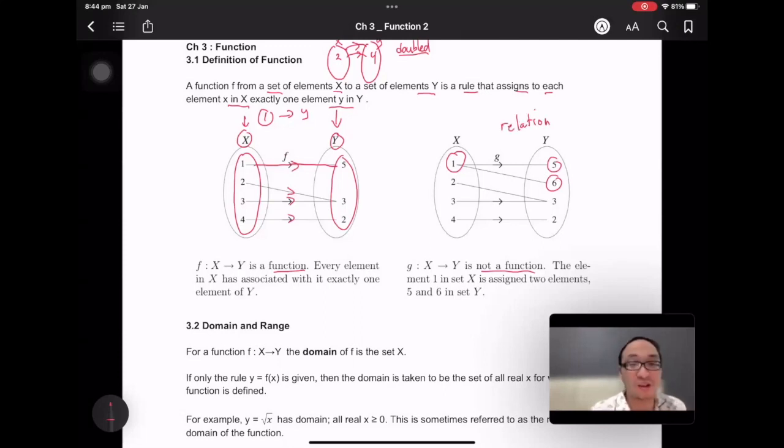So the difference between function and relation is in function, all members of x, each member, all of them, should have one pair of y value.